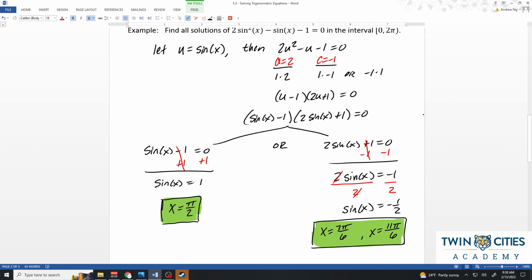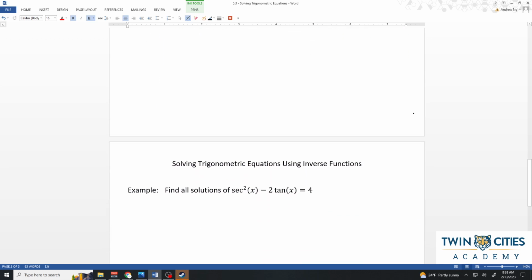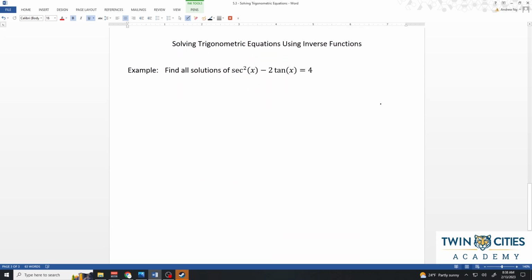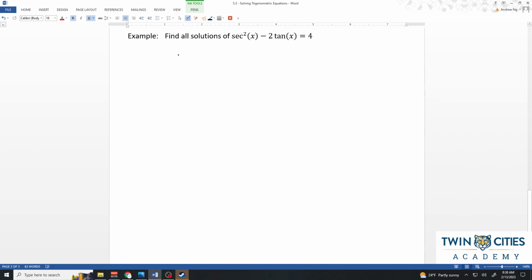Okay, let's do one more. Solving trig equations using inverse functions. All right, so I've got find all solutions of secant squared of x minus 2 tangent of x equals 4. Now, this does not restrict me to 0 to 2 pi, so I want all the possible solutions.